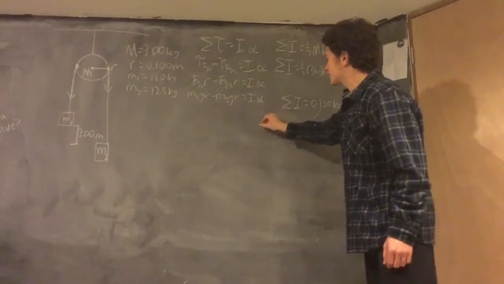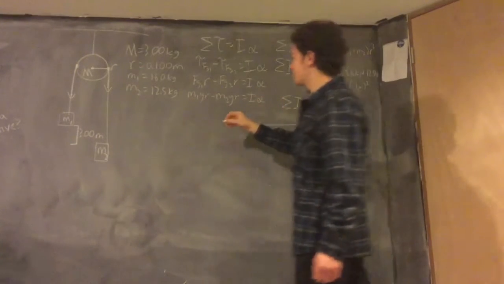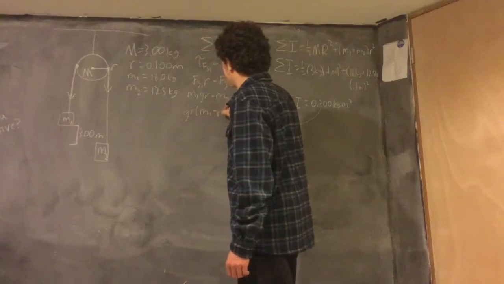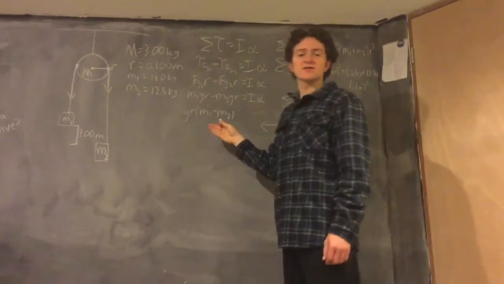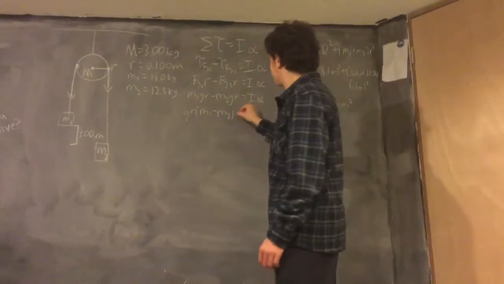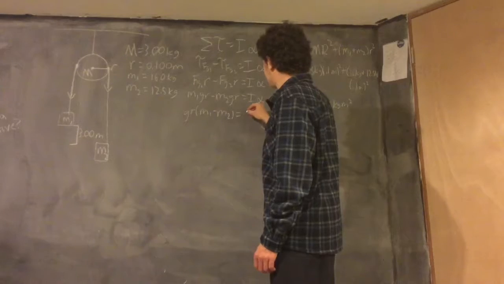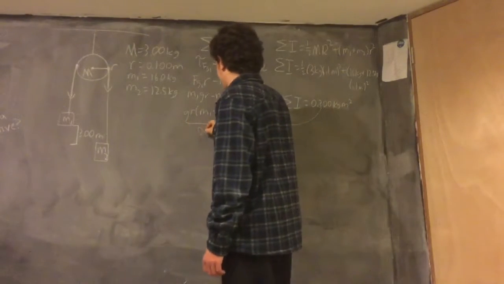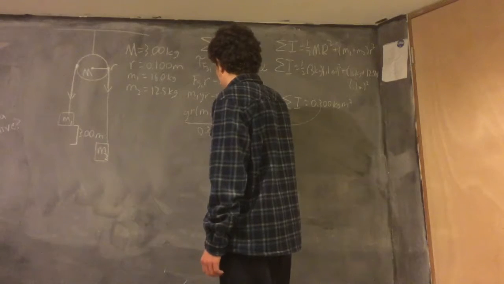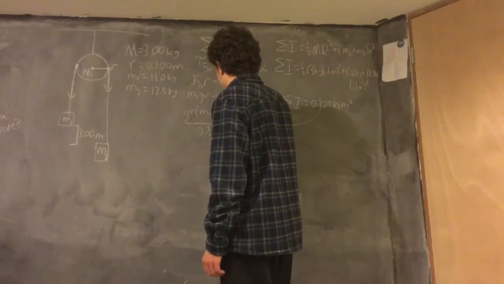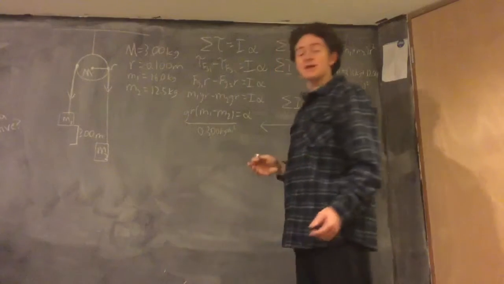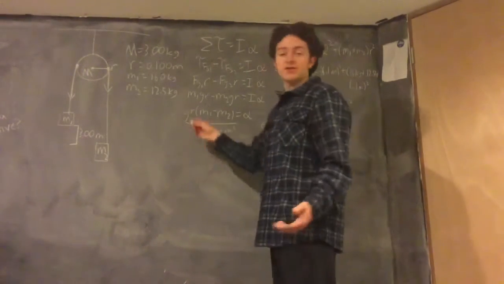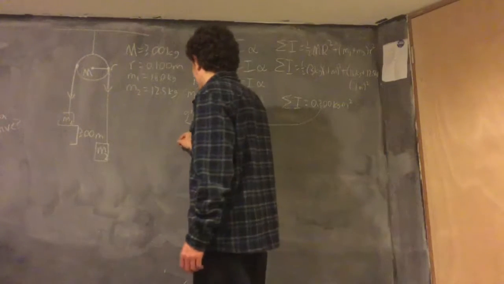Bringing this over and substituting into our torque equation, doing a bit of factoring on the side to make it easier, and dividing by the moment of inertia. Now we can substitute in our known values and solve for the angular acceleration. g is just 9.8 newtons per kilogram.